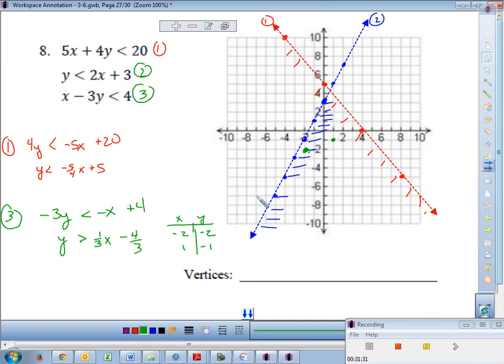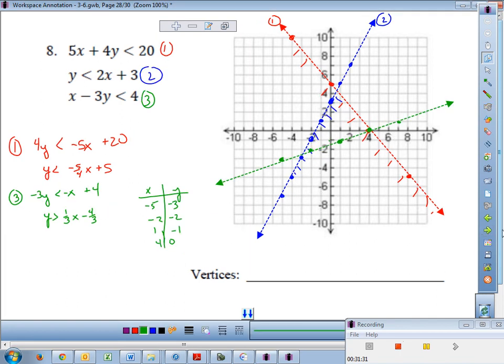So once you find a point on the line and you know the slope, you can just rise and run. Boom! That's a nice, neat place right there. Red dot and green dot. Rise 1, run 3. And go down 1 and to the left 3 over here. And it looks like the blue line and the green line aren't going to intersect each other in a nice, neat place either. But I'll put a number 3 next to it.